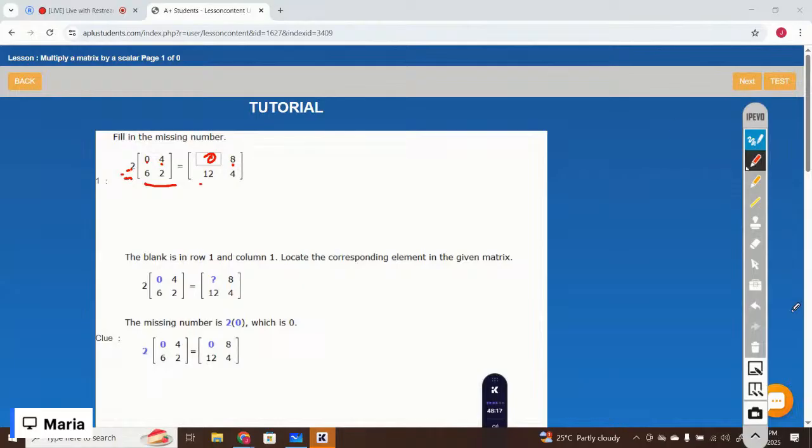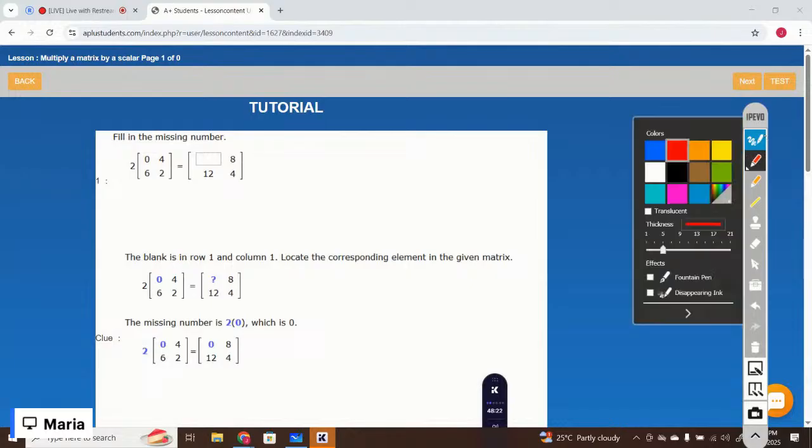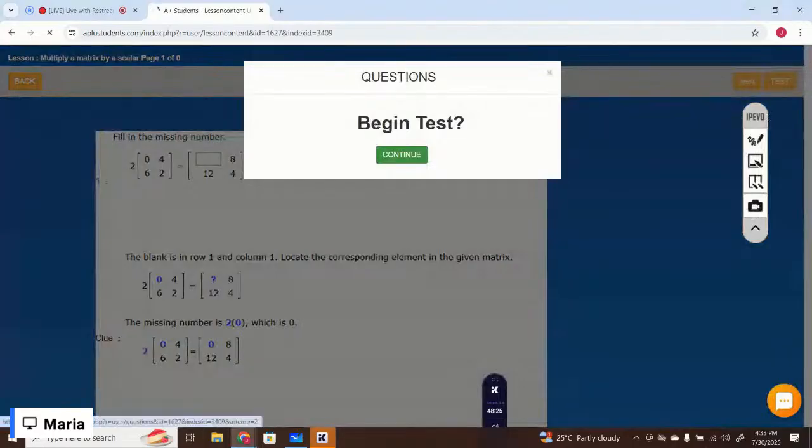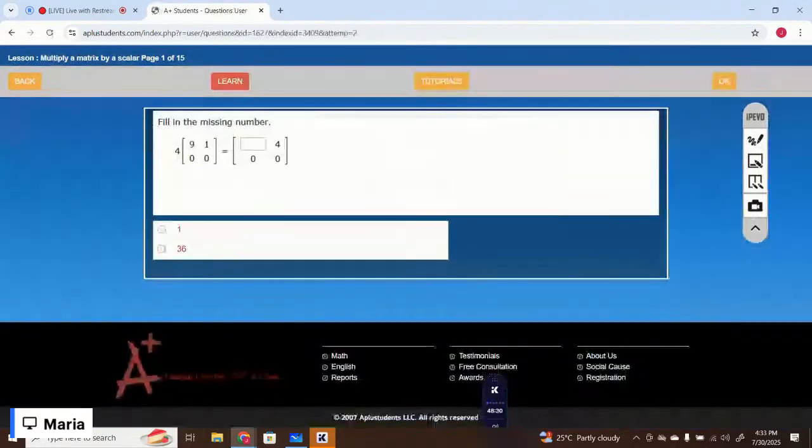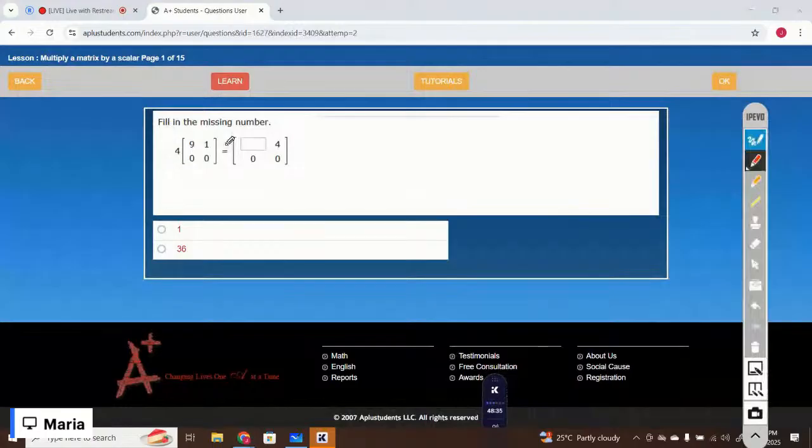You have to multiply each element of the matrix with the scalar. So you need to multiply 4 with each element. So we have to do 4 times 9, which is 36. So the missing element is 36.